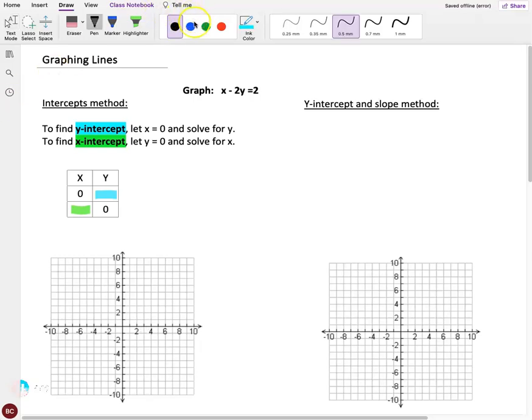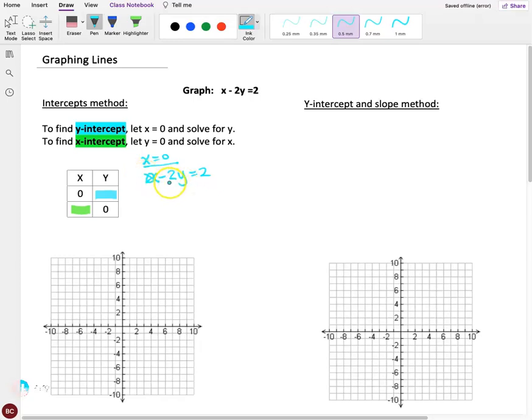So let's go ahead and start off with finding the y-intercept. On this one, we're going to let x equal 0. We're going to put 0 right there in place of x. So I'll have 0 minus 2 times y equals 2. Well, that 0 doesn't really mean anything there to us, so I'm just going to cross it out.